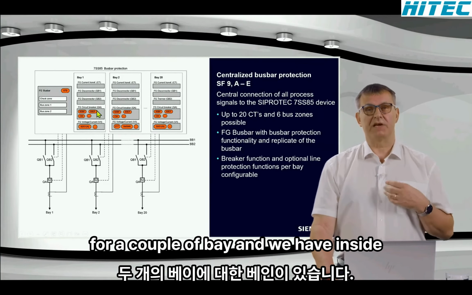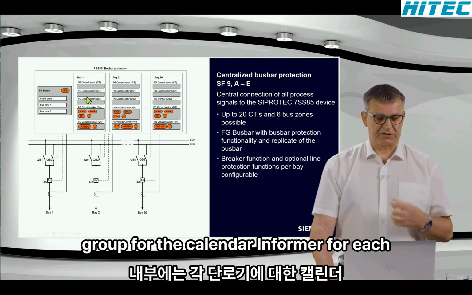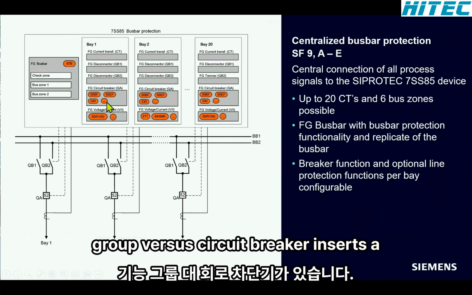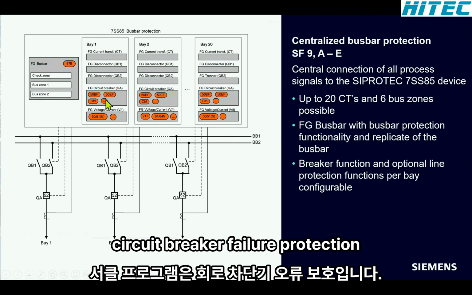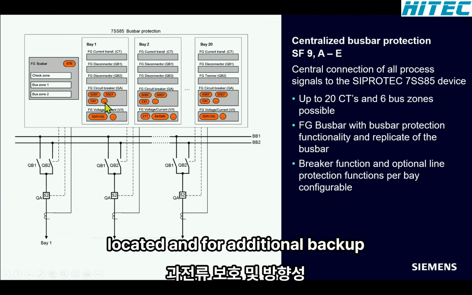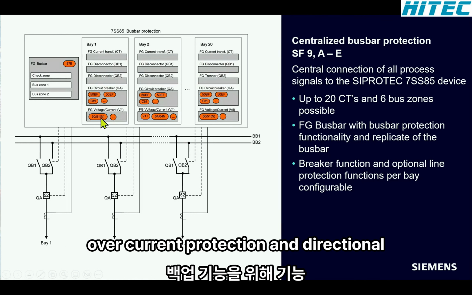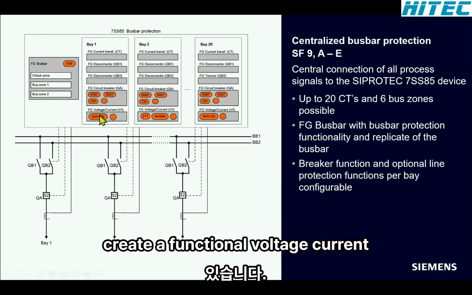Inside each of these bays we have a function group for the current transformer, for each disconnector, and for the circuit breaker. Inside the function group circuit breaker is the circuit breaker failure protection. For additional backup functionality like overcurrent protection and directional overcurrent protection, we can also create a function group voltage current.